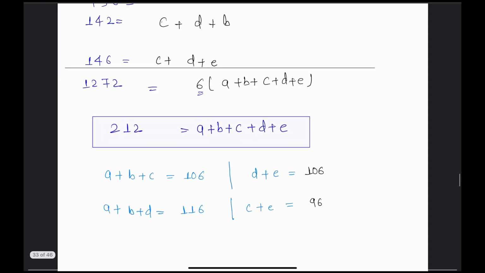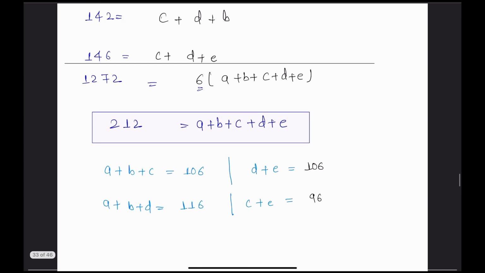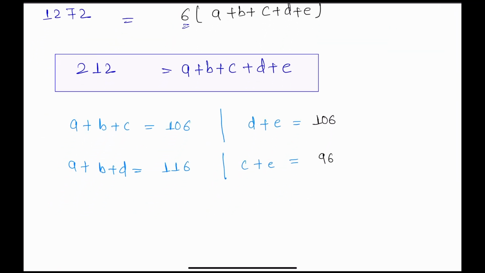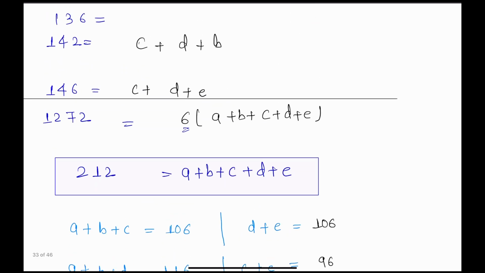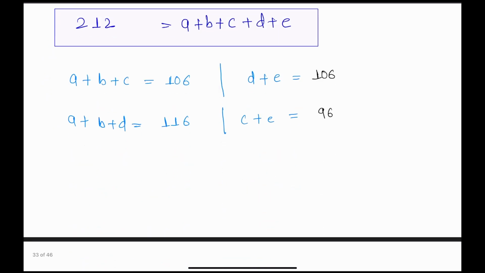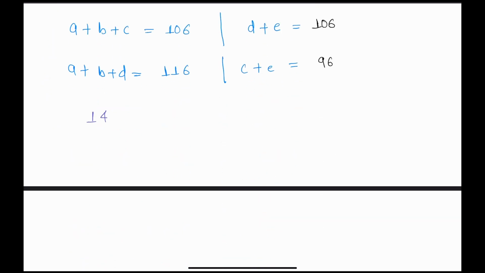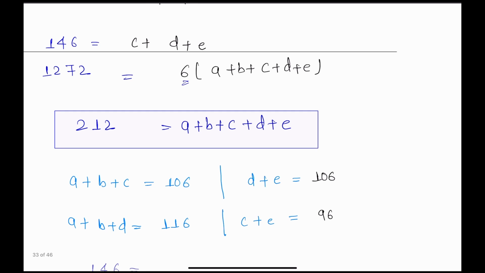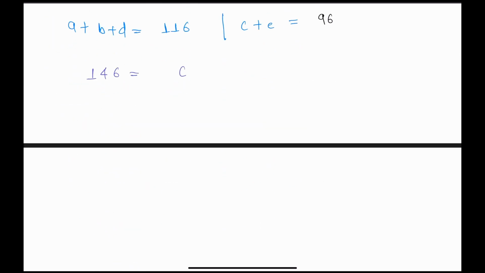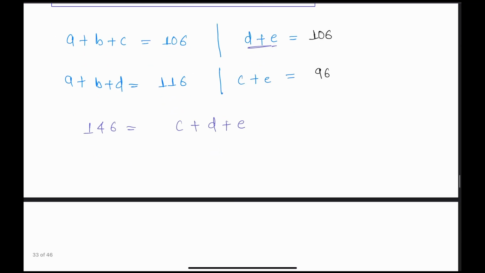Now what we can do over here is use these two values. After we got these two values, I will just check over here: 142, no, d plus c 146. So 146 is the biggest of the two values, na? c plus d plus e, and we already have the idea of what d plus e is.